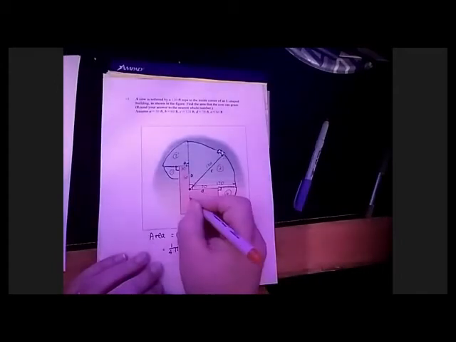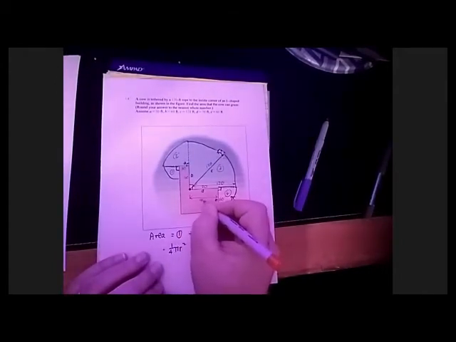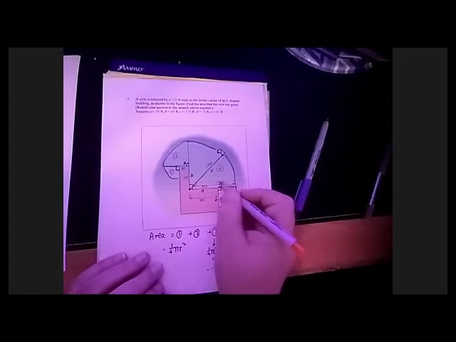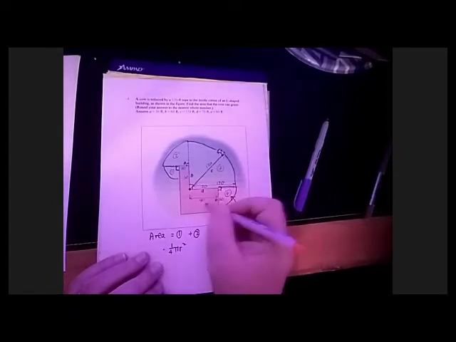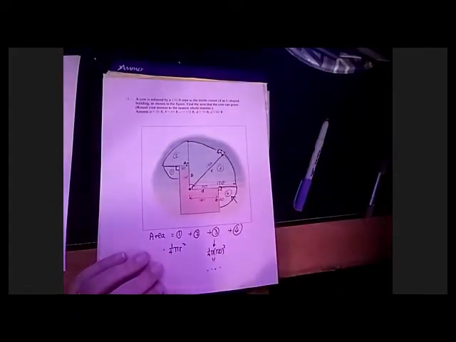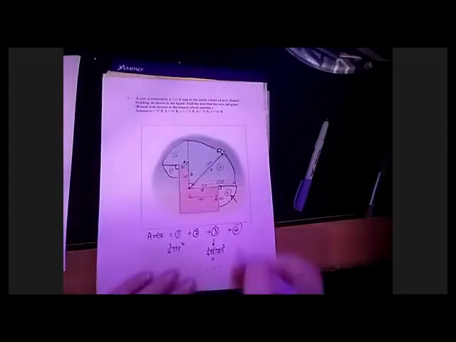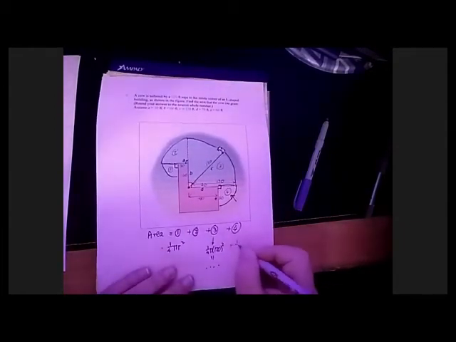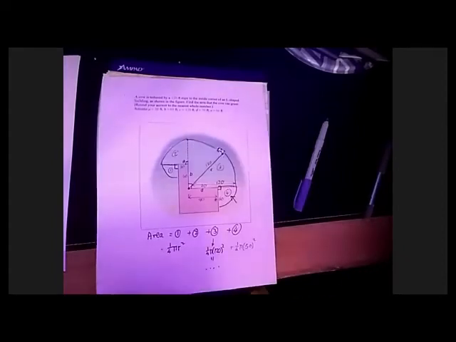And I know this distance from here to here is 70. So won't the radius be the difference between these two, which is 50? And so that second one, number 4, is 1/4 pi, the radius this time is 50 squared.